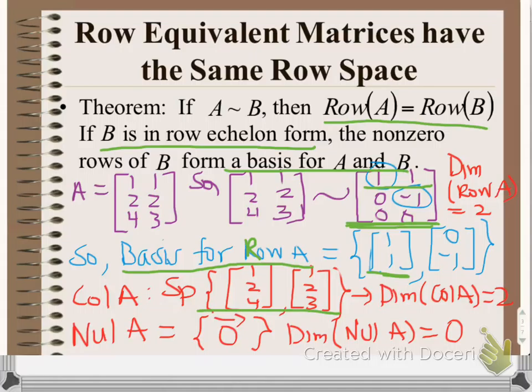And the dimension of the column space of A is 2. The null space of A, we really haven't talked much about, well, what if there are no free variables? Well, that means that the null space of A is just the 0 vector, right? Because remember, the null space is the homogeneous solution.